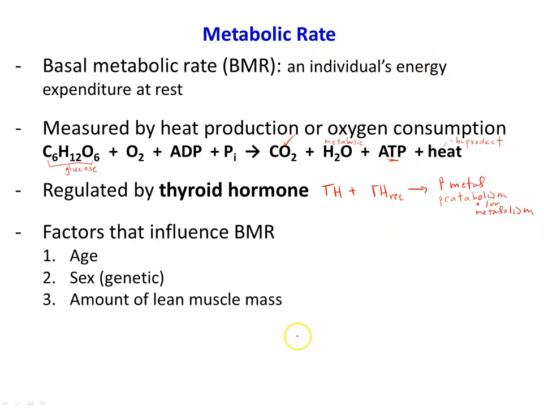And then the amount of lean muscle mass, which is tied into genetic sex, okay? Hormones, specifically testosterone levels, because testosterone allows you to have the growth of more lean muscle mass. Your activity level. The more you exercise and the more you move, the more you burn. And then, of course, diet will determine metabolic rate, right?